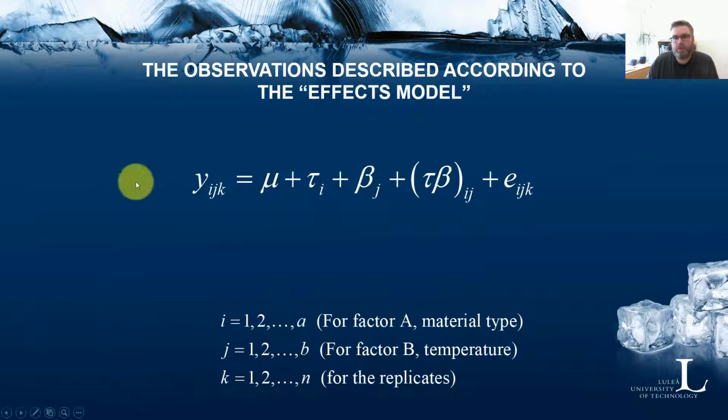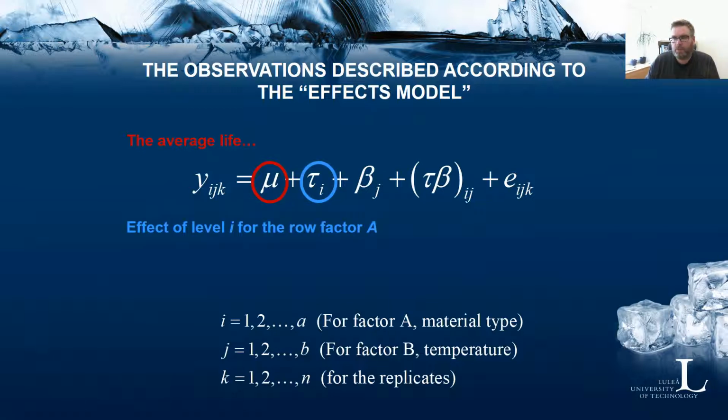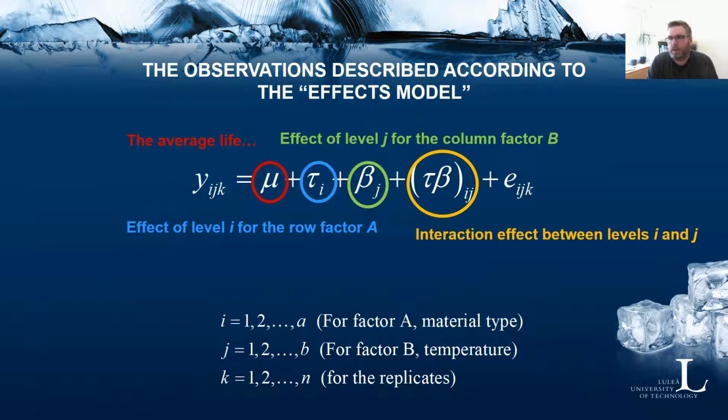We can then say that each observation of the battery life is based on one complete, or overall, average life for batteries, plus an effect for level i of the row factor A, the material types in this case, plus an effect for level j of the column factor B, which is the temperature, plus an interaction effect between levels i and j of the row and column factors, the material type and temperature.